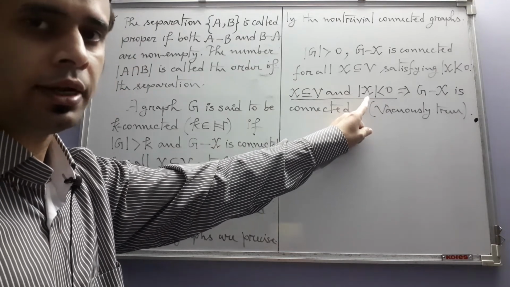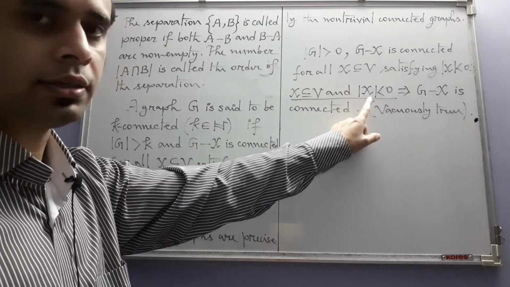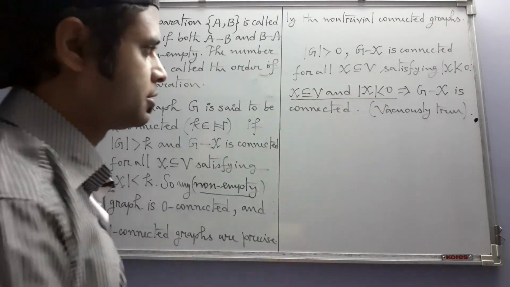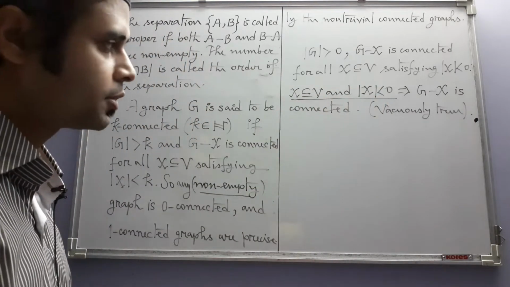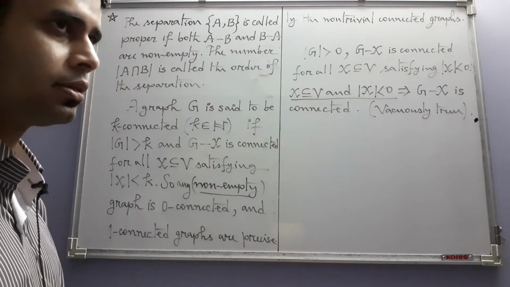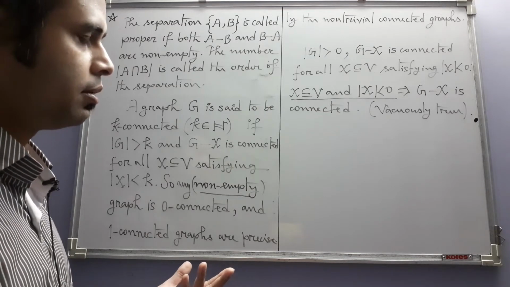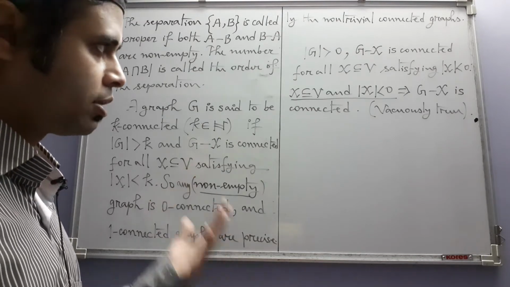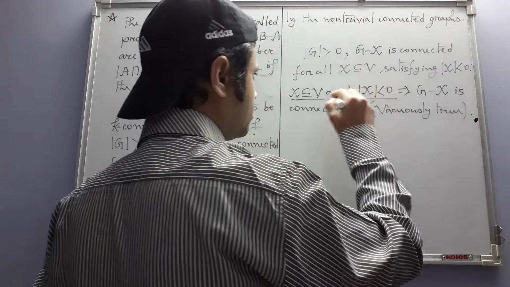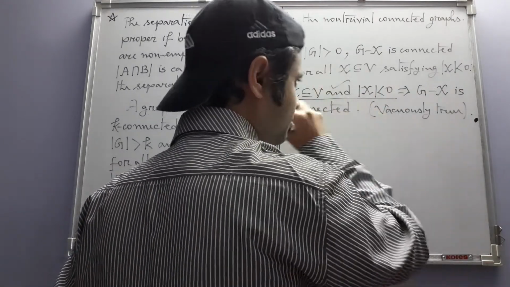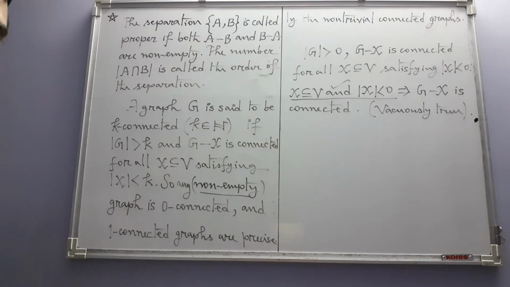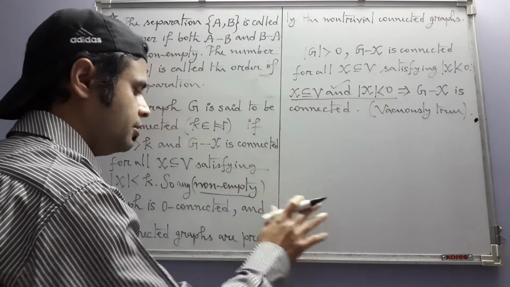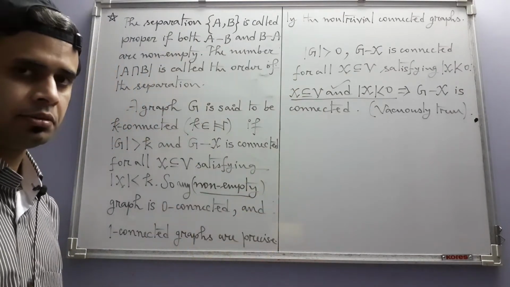No set X has cardinality, which in this case is the number of elements because we are dealing with finite sets, less than 0. Cardinality is always greater than or equal to 0, at least for finite sets, a non-negative integer. So this part is false, so the implication is vacuously true, but true nonetheless. So any non-empty graph is automatically 0 connected.